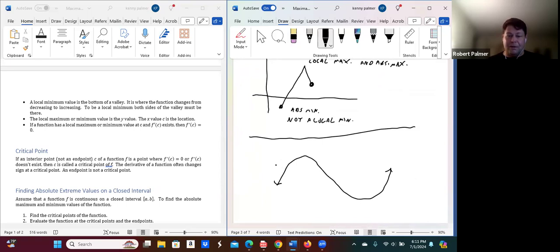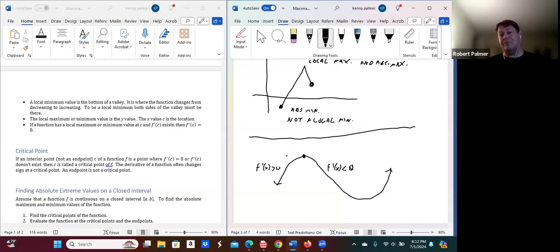Now over here, f prime of x is greater than 0. It's increasing. Okay. And obviously on this side, f prime of x is less than 0. It's decreasing.